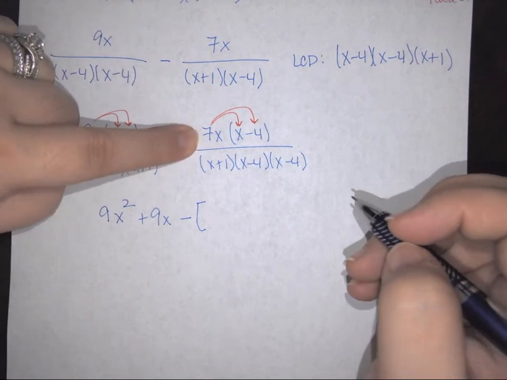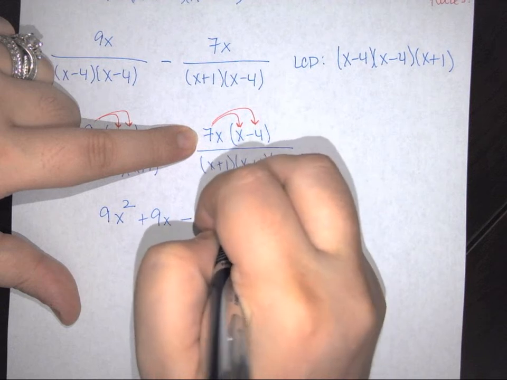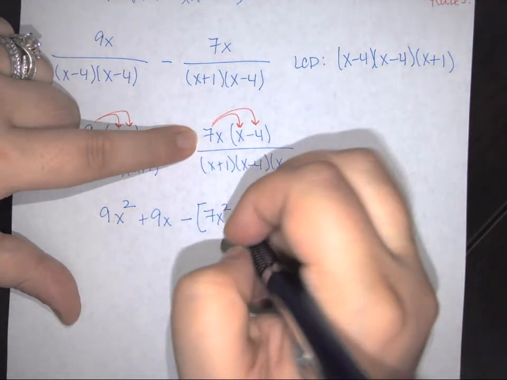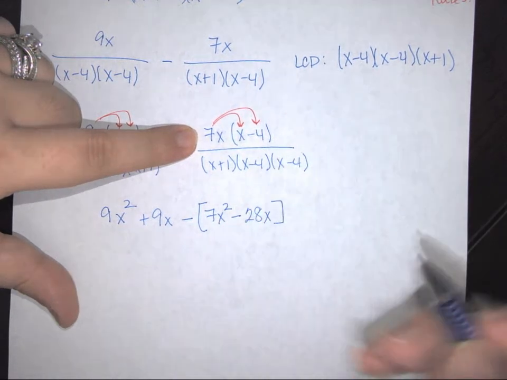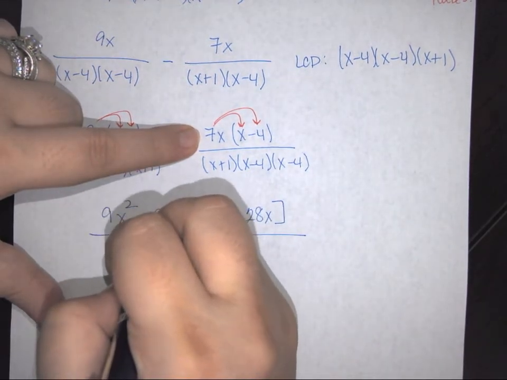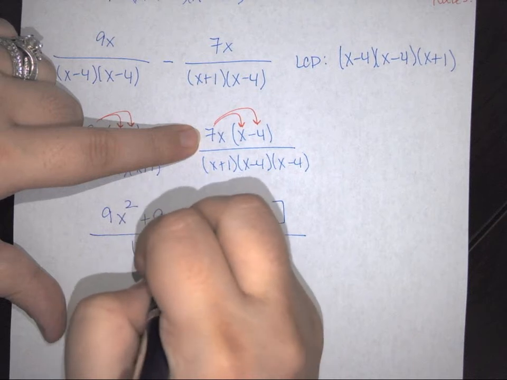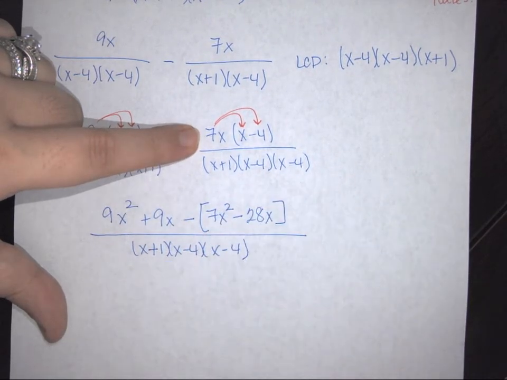I just want to distribute 7x through. So this becomes a 7x squared, and then 7 times a negative 4 is negative 28x. And this whole thing is over my common denominator of x plus 1 times x minus 4 times x minus 4.